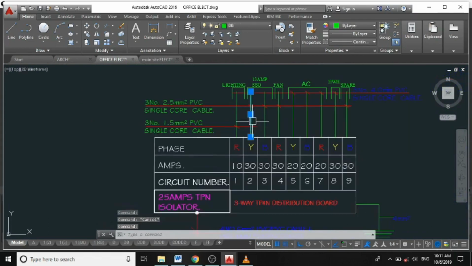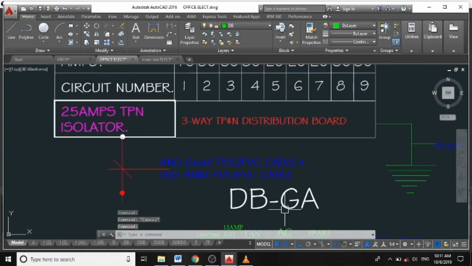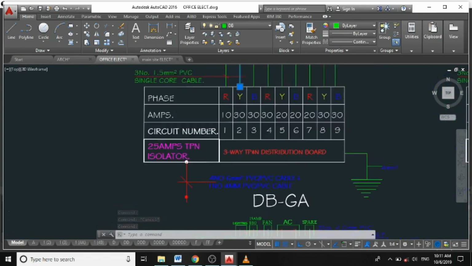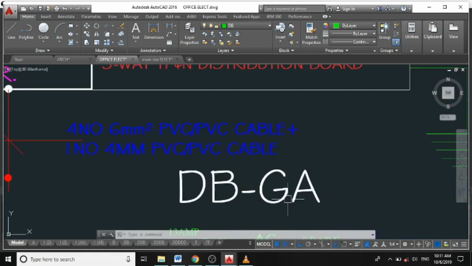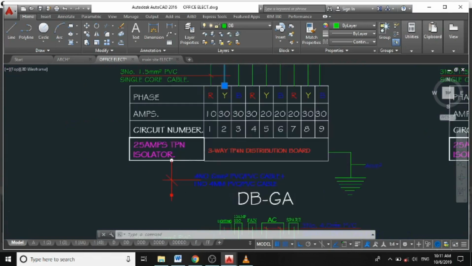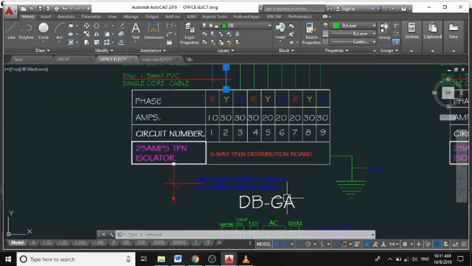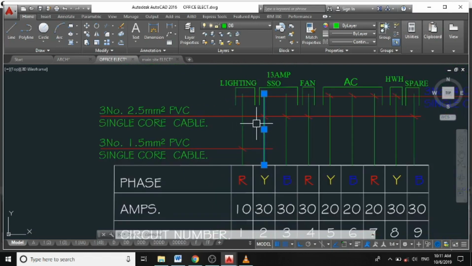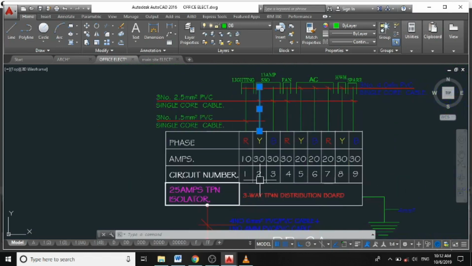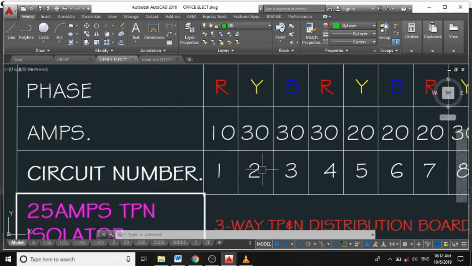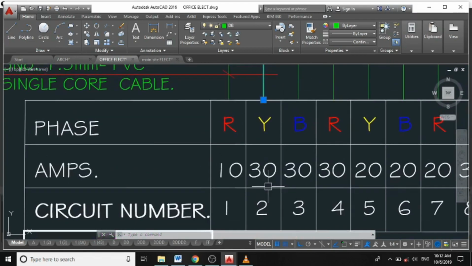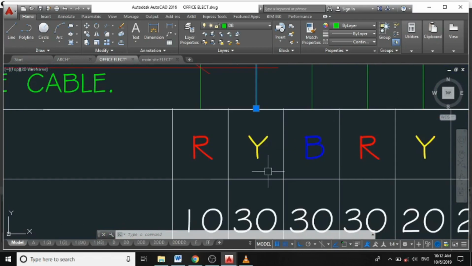I've already stated that my DBGA represents my DBA, which is situated in my ground floor. So that's why we said panel identification is just an alphanumerical code. So that means this is my distribution board A, my circuit A2, because we're having the circuit number here, my circuit A2, which is a 30 ampere circuit, will be in my yellow phase.